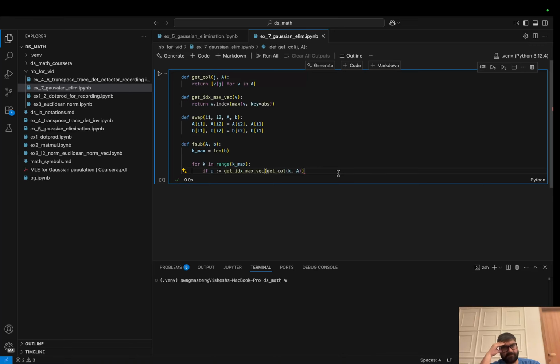Okay, so if p equals this, right? We're going to have to get that column. So K in this first iteration is the first row, first column, then the second row, second column, third row, third column.